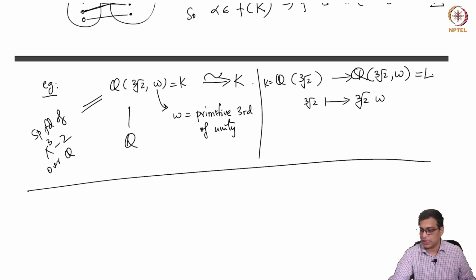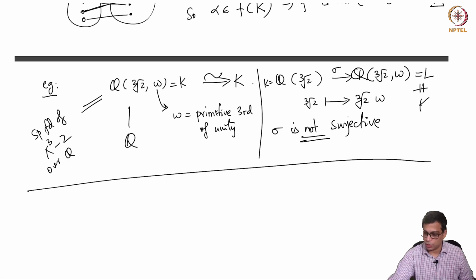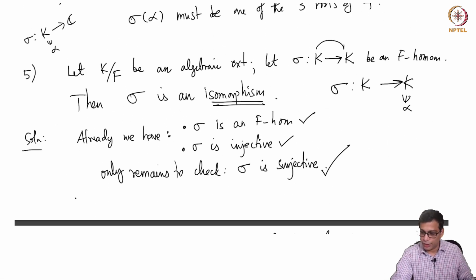Here L is algebraic over Q, K is algebraic over Q, but this is not an isomorphism, not surjective rather. L is not K, so that is why it fails. Here it's very important that I have the same field.